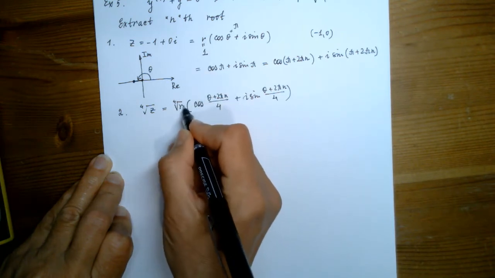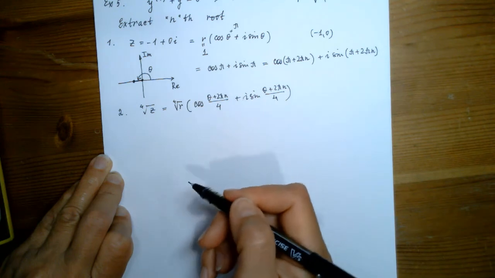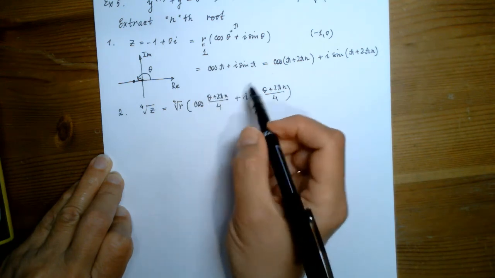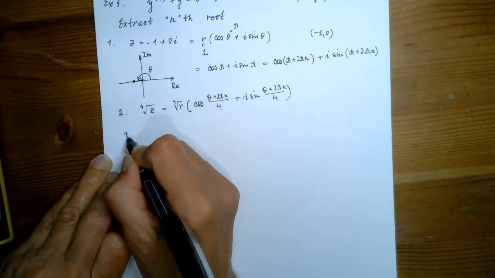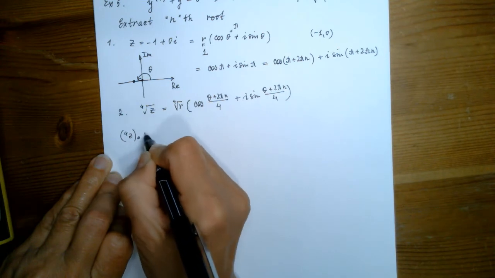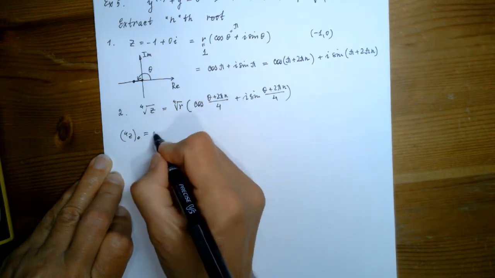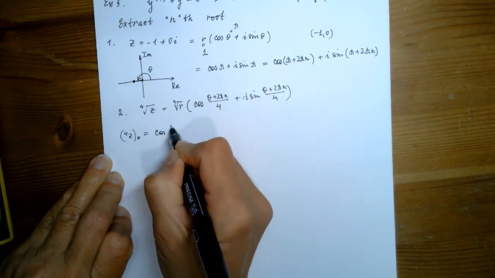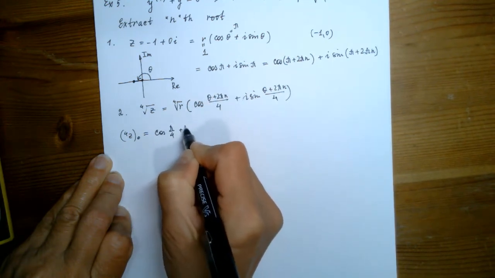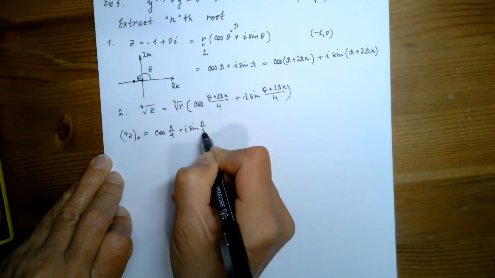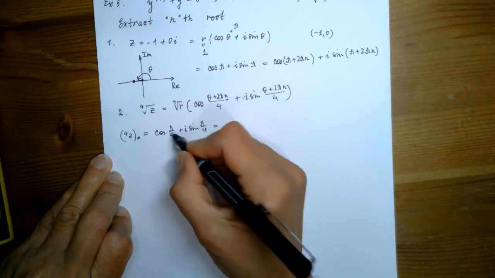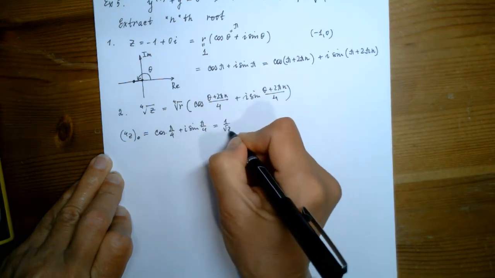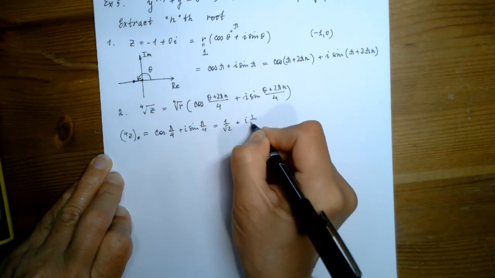So this is just a real number, the principal value. But here, I'm going to write down the fourth root of z, number 0. When n is equal to 0, we are going to have just pi over 4. So we are going to have cosine of pi over 4 plus i sine of pi over 4, which is going to give us what? Cosine of pi over 4 is 1 over square root of 2, plus i times 1 over square root of 2.